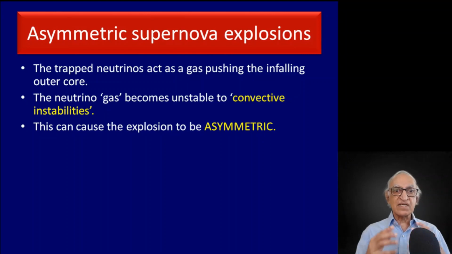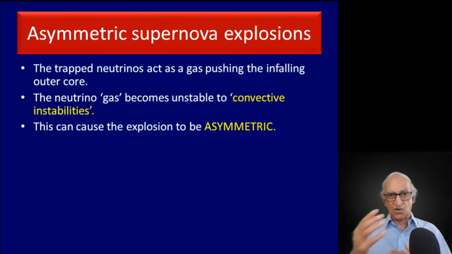Now, these convective cells clearly define a particular axis. And there could clearly be an asymmetric supernova explosion because of these turbulent motions inside the neutrino photosphere.